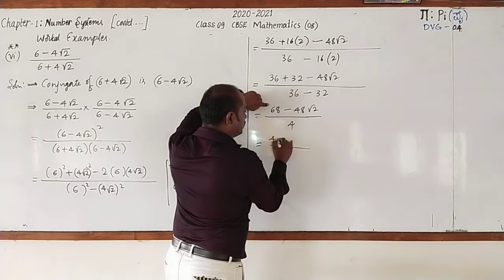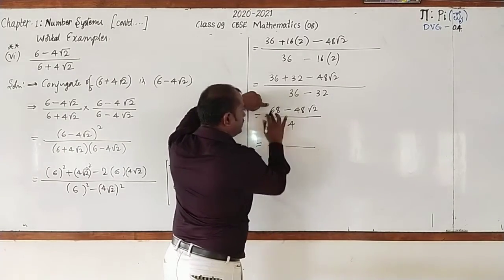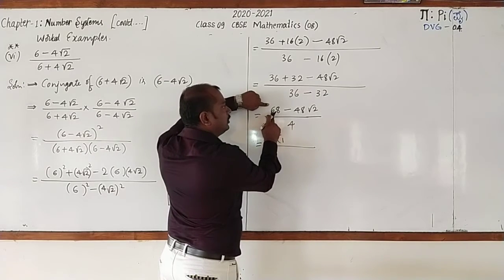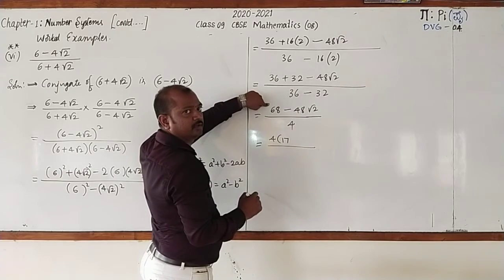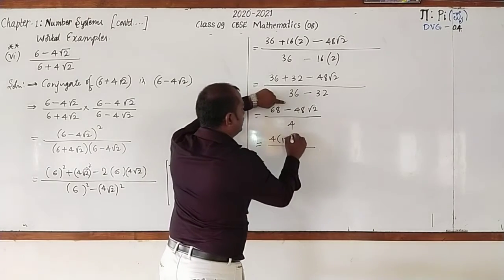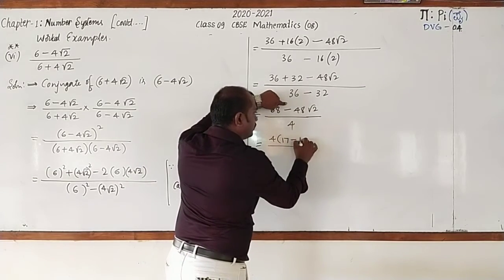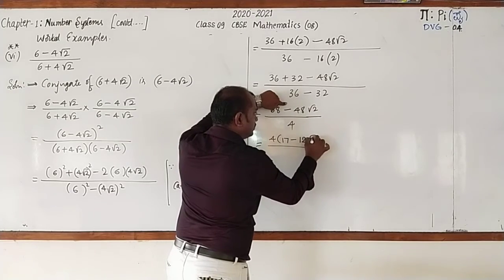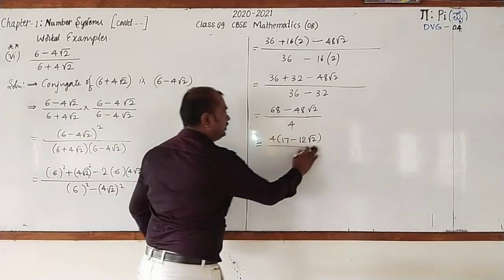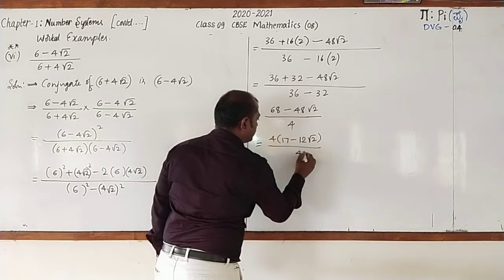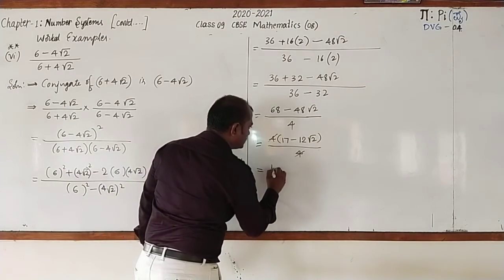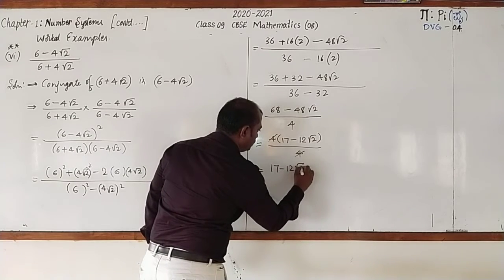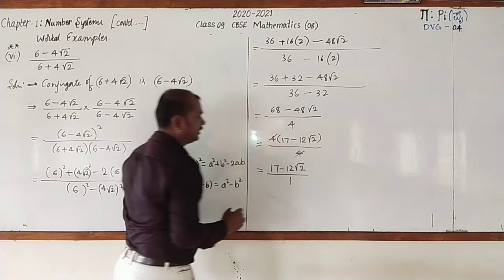Now, when you take out 4 as common factor, 4 1s are 4, 2 will remain 28. 4 7s are 28. Clear? Next, here minus 4 1s are 4, 4 3s are 12 into root 2 divided by 4. 4 gets cancelled. This is equal to 17 minus 12 into root 2 divided by 1.